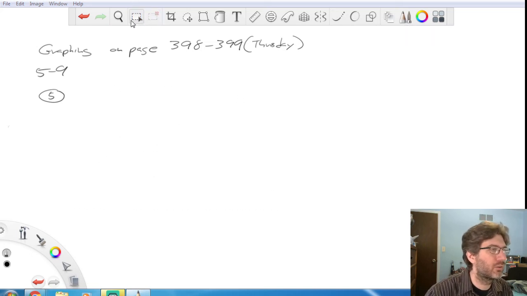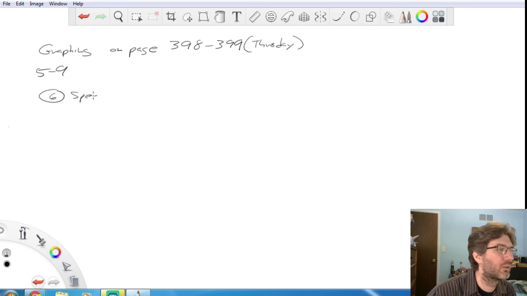For number 6, it's asking you to graph speed as you take a trip on a train. Speed on a train trip.